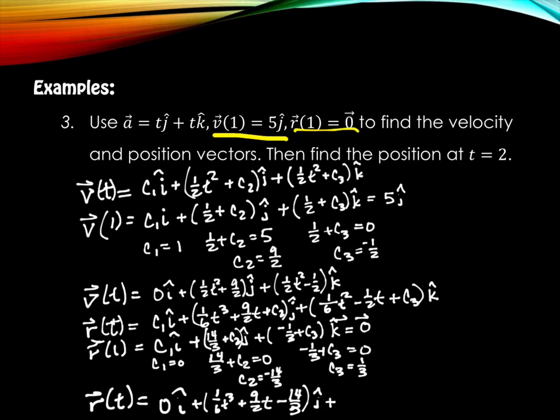So the k value is supposed to start out with 1/6 t squared, and then t cubed, there we go.